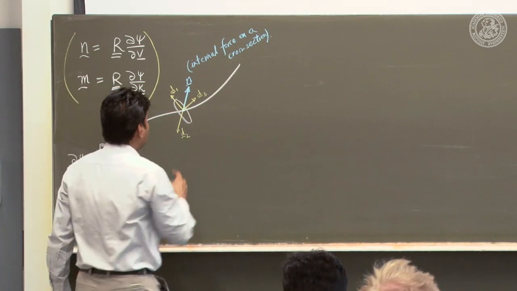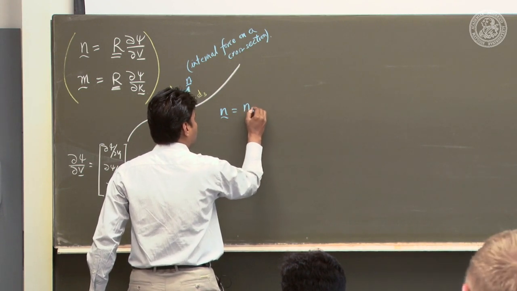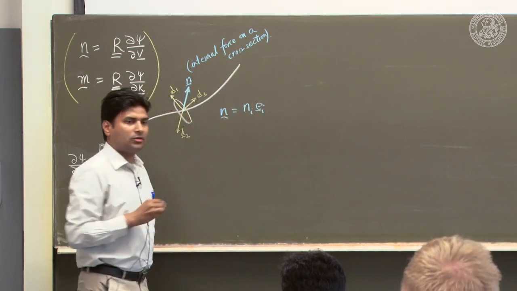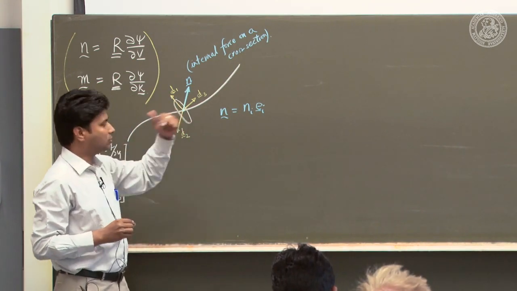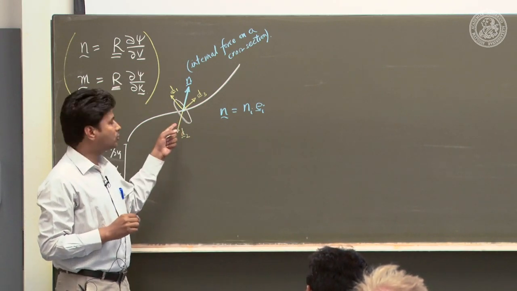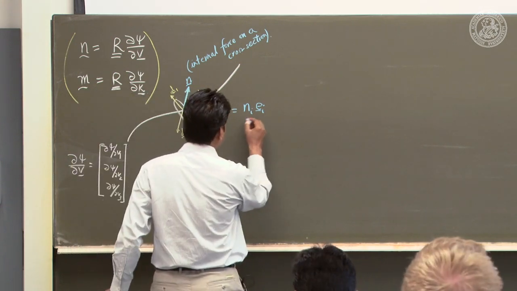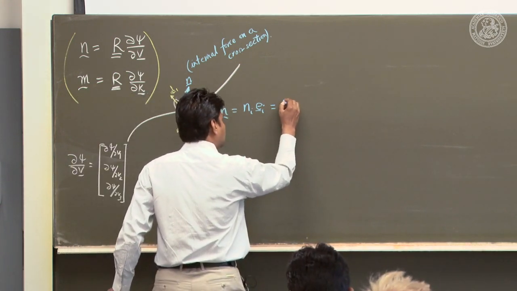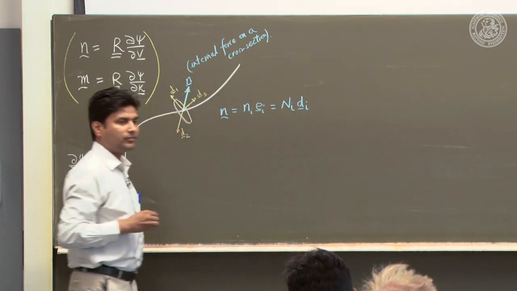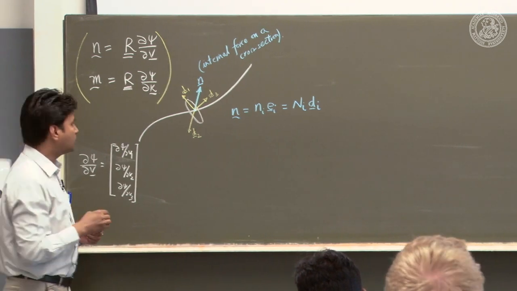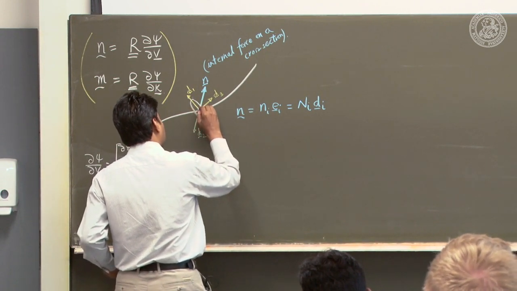So you could write that as n equal to, let's say, n_i e_i, in the basis of the global coordinate system E1, E2, E3. And we could also decompose this in the local basis of the directors. So if we do that, this is same as some other component N_i d_i, and so we get the three components here.